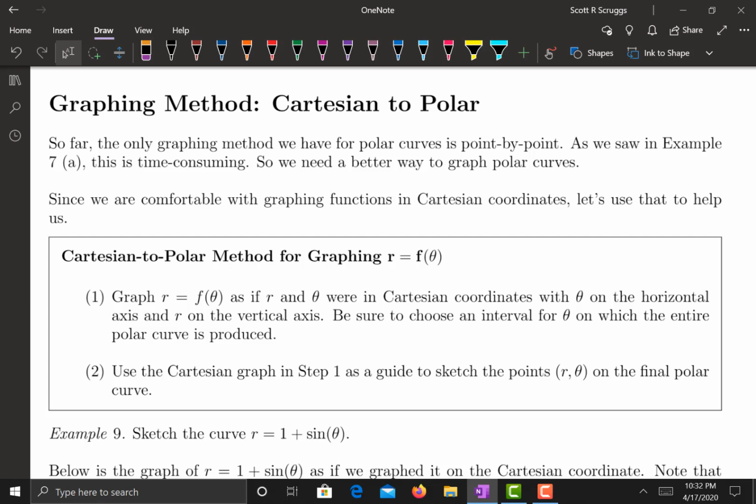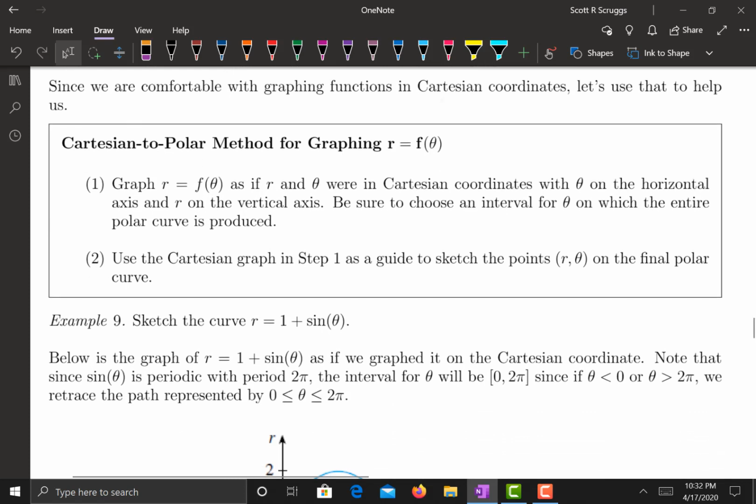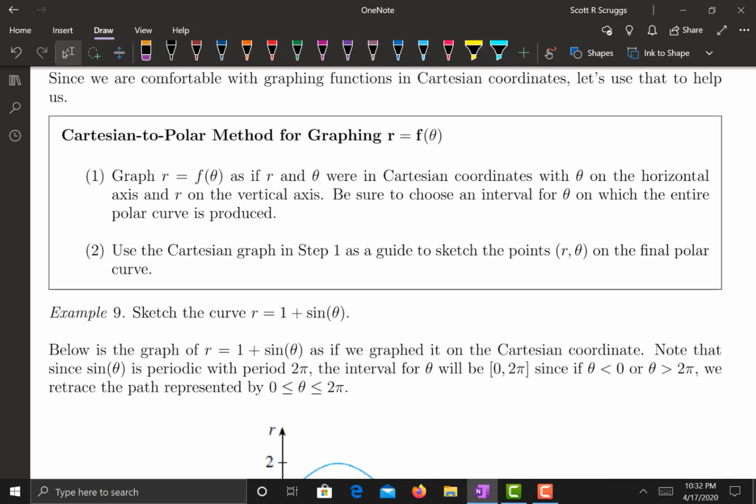So here's going to be our Cartesian to polar method for graphing the polar curve. What I would do first is graph the polar curve, whatever is defined, as if it was a Cartesian coordinate, where I'm going to treat the angular coordinate as my horizontal axis and r as my vertical axis.